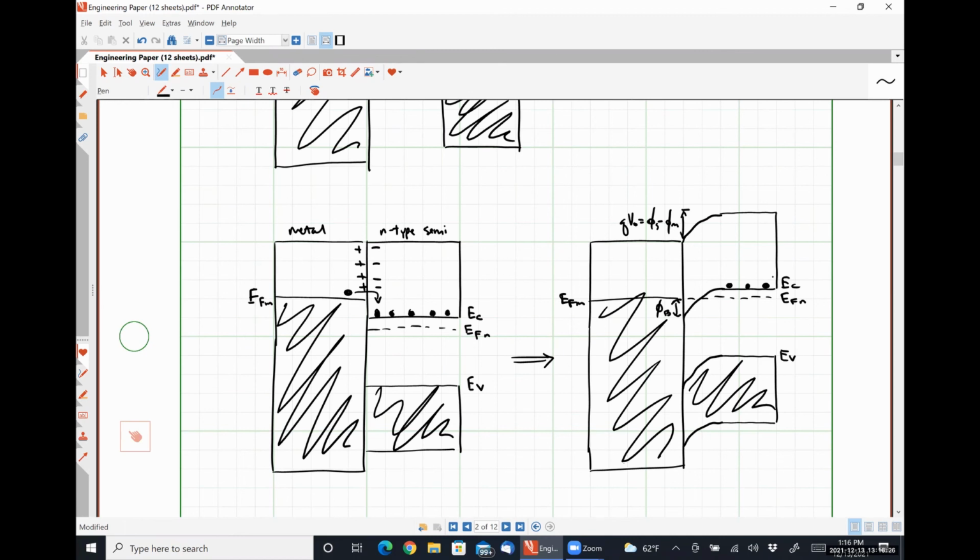So the Schottky junction, or the rectifying junction, is a one-way valve for current flow, which is really what all diodes do. If you bias it one way, current flows very easily. If you bias it the other way, effectively no current flows, or very, very little amounts of current flow.